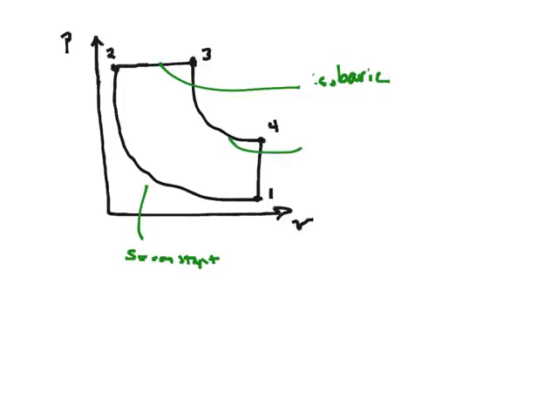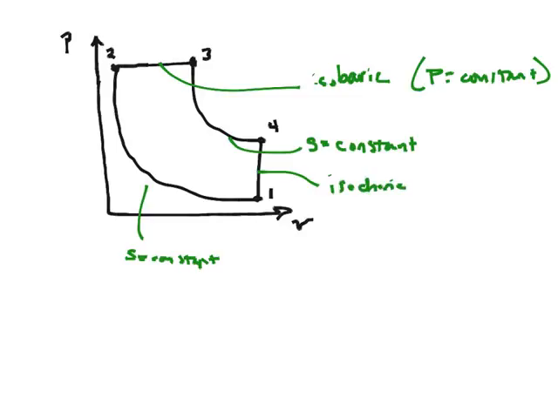We label this guy again, s equals constant, so isentropic as opposed to isobaric, P equals constant. And then we have 4 back to 1, which is isochoric, or volume is constant.